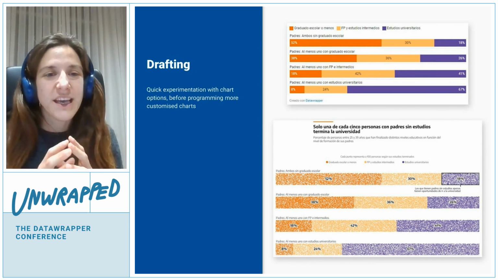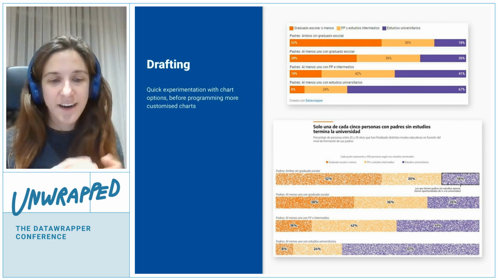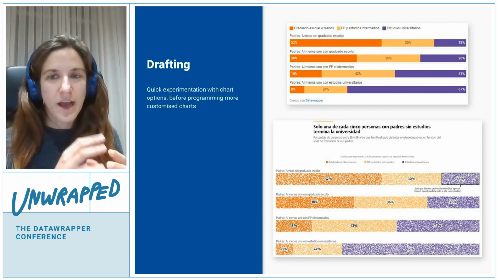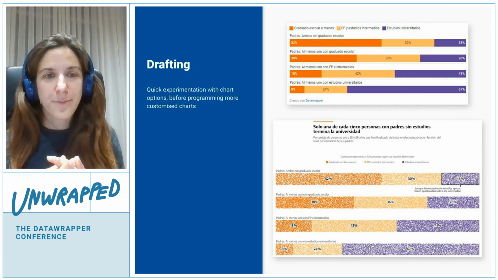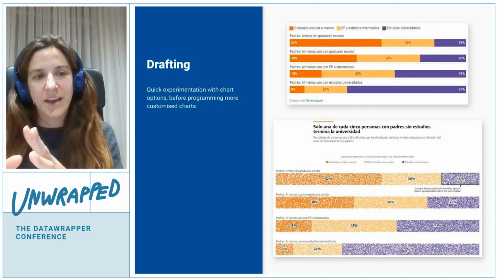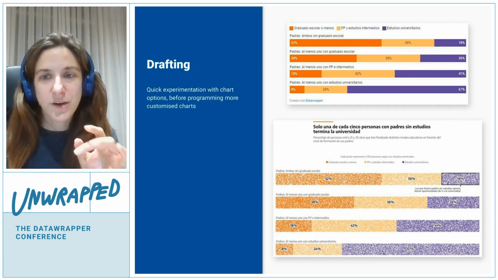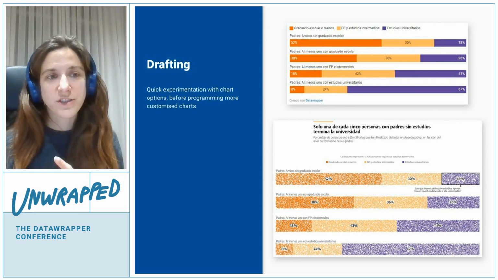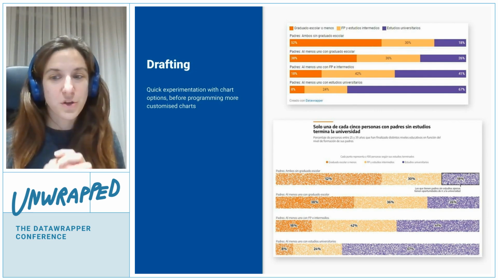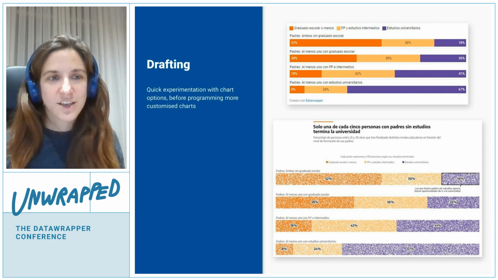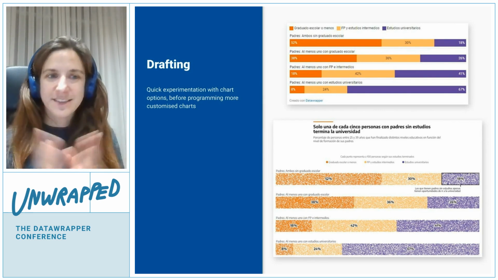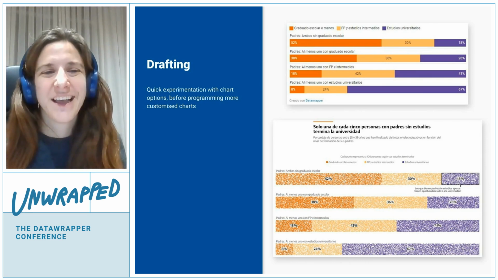So we are doing the analysis in R, and then we upload the data to Datawrapper just to see how it looks. And when we are okay with the visual type we've chosen, then we go and code this chart. So again, time saver, Datawrapper.